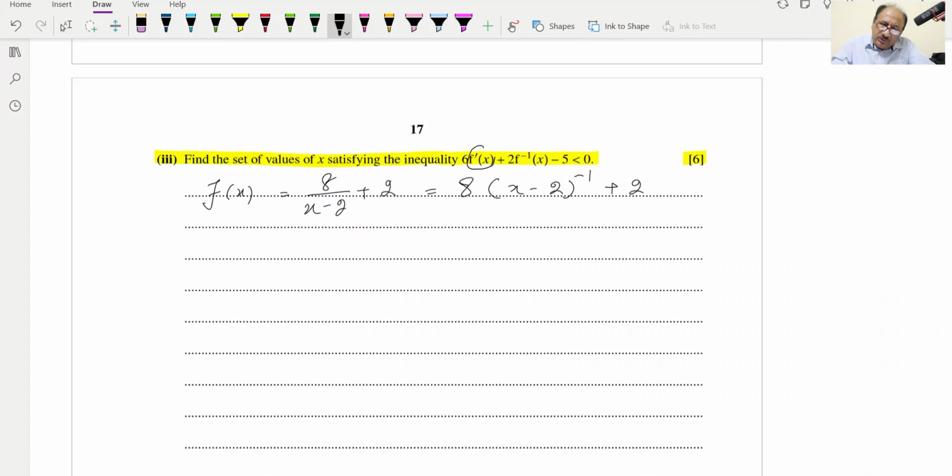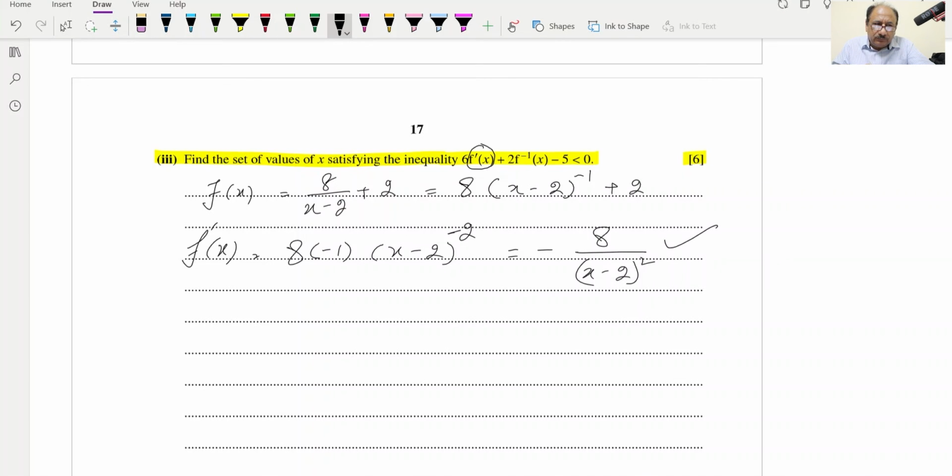Taking the derivative, it will be 8, and the power is pulled first, so x minus 2 raised to minus 2, and the derivative of x is 1. So this will be rewritten as minus 8 over x minus 2 squared. This will be our f dash of x value.